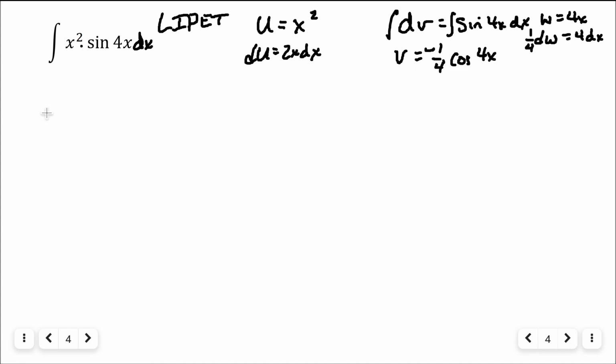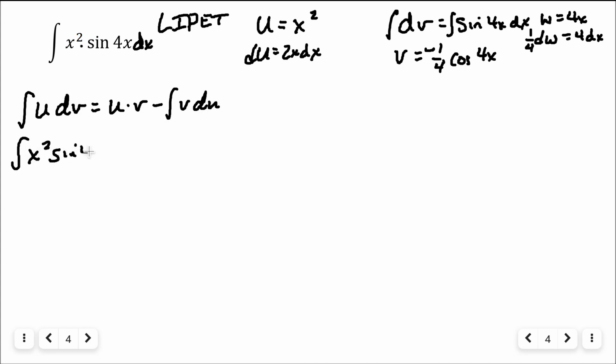Okay, so the integral of u dv is equal to u times v minus the integral of v du. So the integral of x squared sine 4x dx is equal to uv. So that's negative x squared over 4 cosine 4x. I kind of cleaned that up when I multiplied those two.